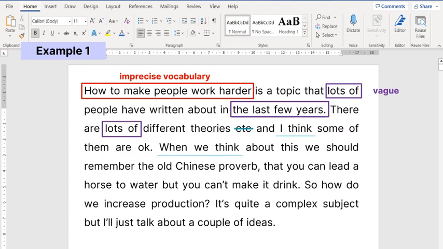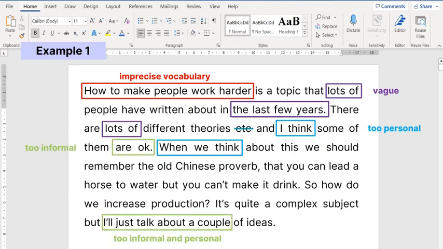Phrases such as I think and when we think about this are too personal. Consider rephrasing to one may believe. Other phrases such as are okay are too informal, as well as I'll just talk about a couple, which is personal and informal. Proverbs or similar expressions such as the old Chinese proverb should be avoided in your academic writing.